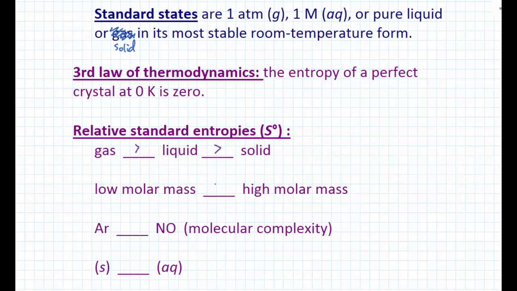What if you're comparing 2 substances where everything about them is very similar except their molar mass? Correct. For a couple of reasons. It's probably mostly electronic. More electrons means more possible electron arrangements. That's one.